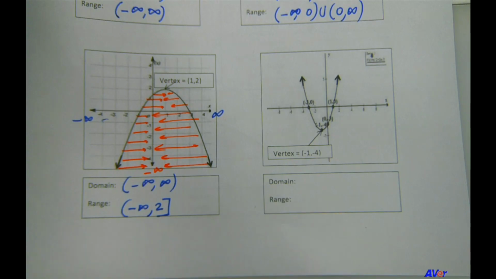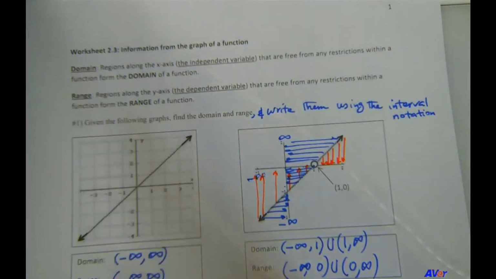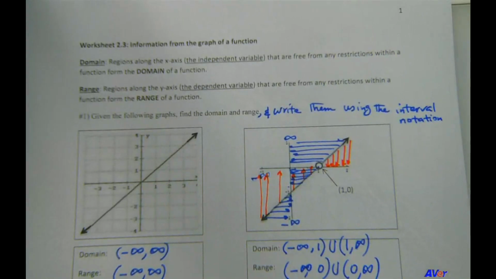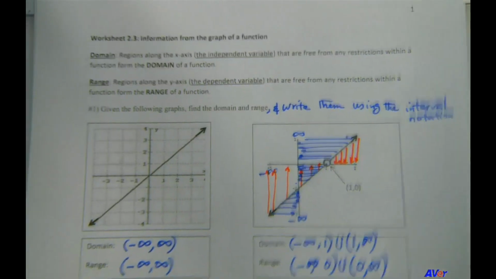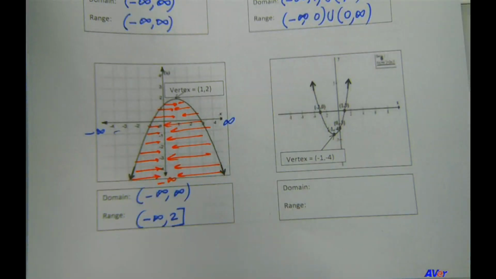Now, if you haven't done this already, please pause the video, and for the rest of this worksheet, worksheet 2.3, write down all the domain and range for those graphs, because I have the blank ones posted on Canvas, right?